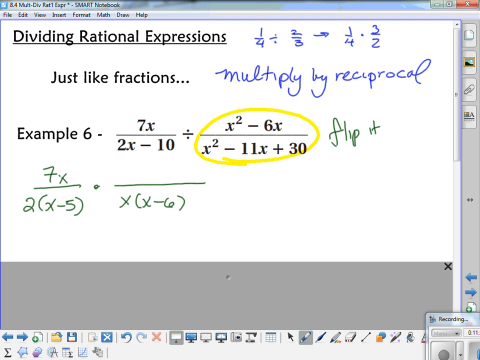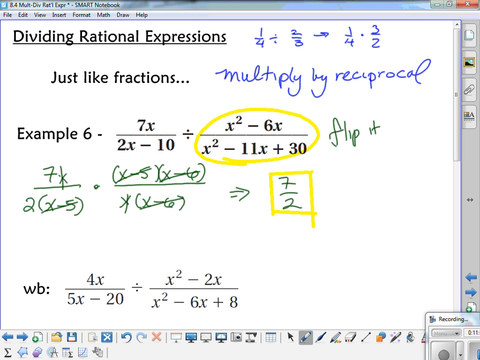And x squared minus 11x plus 30 is on top now, and that factors to x minus 5, x minus 6. And then I cancel out what I can. So my x minus 5's cancel out, my x minus 6's cancel out, and my x's cancel out, and I'm just left with 7 over 2. So all that work, and we're just left with 7 over 2.